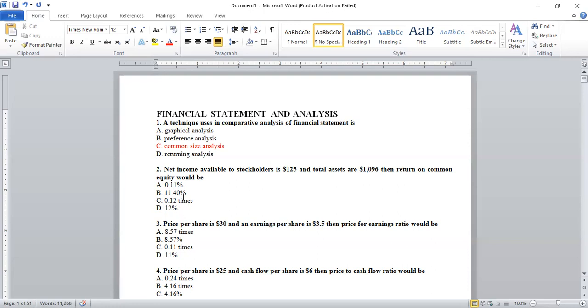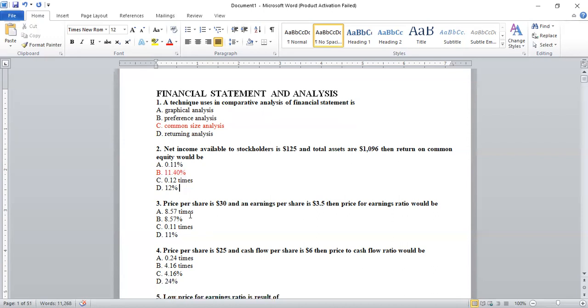Here the right answer is B, and it is found by taking the net income available to stockholders, 125, divided by total assets and multiplied by 100.